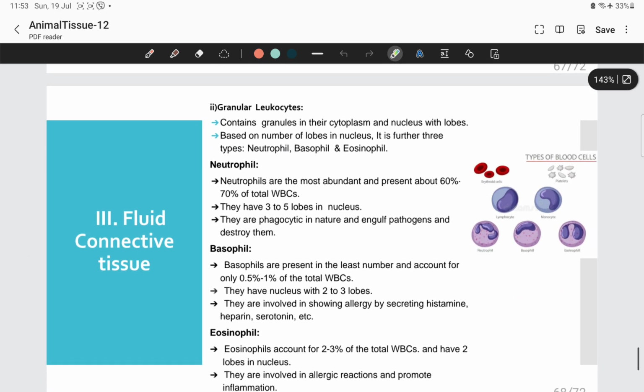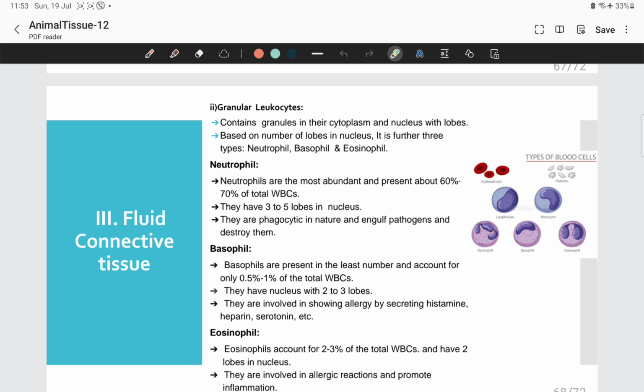Now let's go to another type of WBC, which is known as granulocytes. It has granules in its cytoplasm. That's why you can see here the cytoplasm contains dotted structures, and those dotted structures are due to the presence of granules. And the nucleus has lobes, meaning extra projections you can see here.